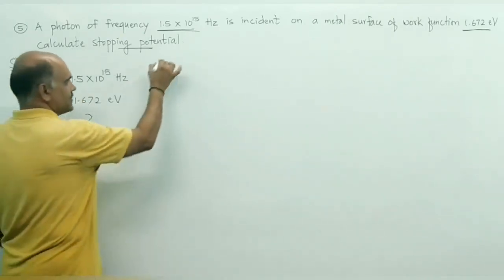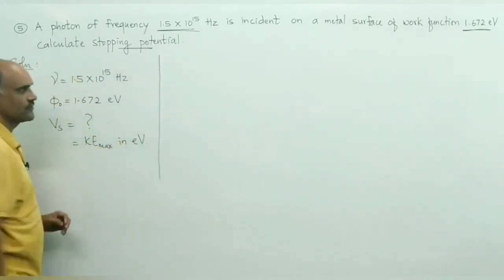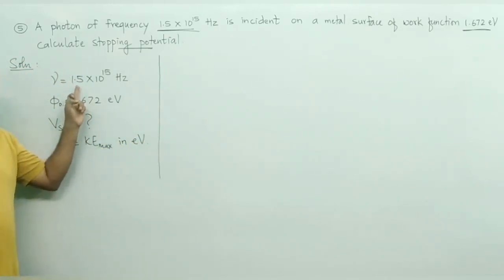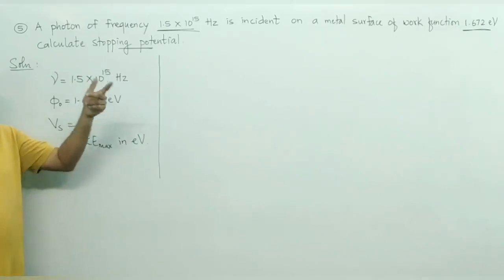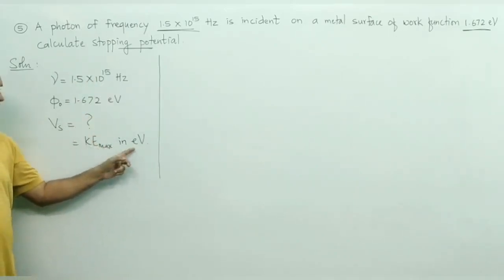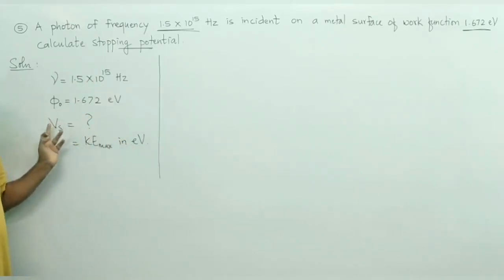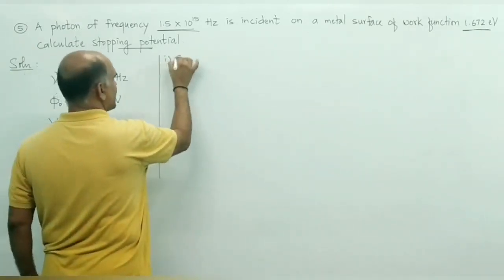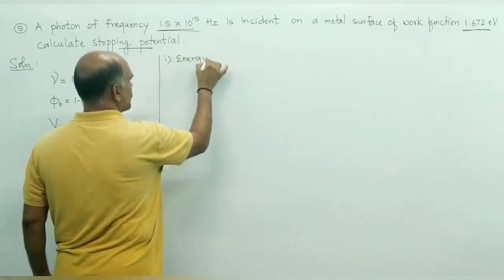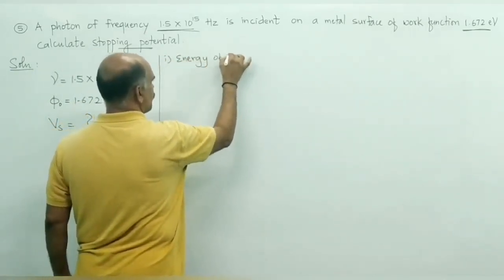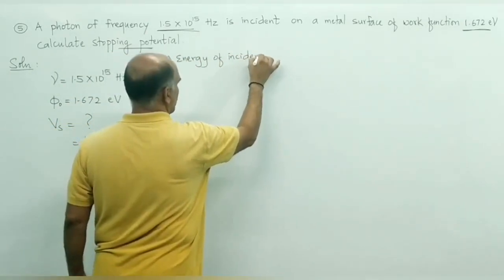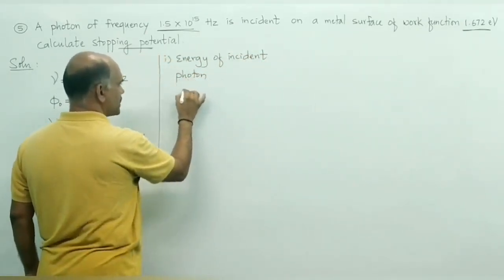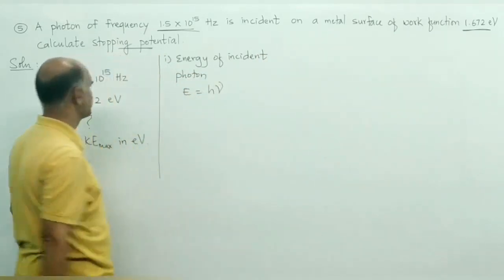Again you can tell me the steps I am required to follow. First, find energy of incident light. Then in second step, find kinetic energy in electron volt. Third step, that is nothing but stopping potential. First, the energy of incident photon: E is equal to h nu.